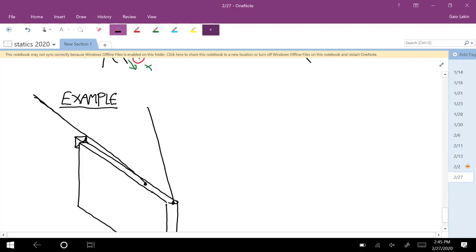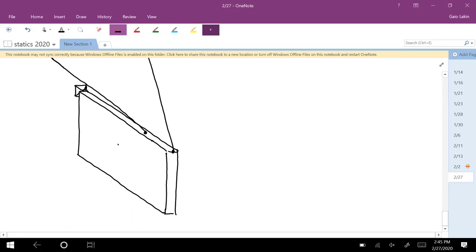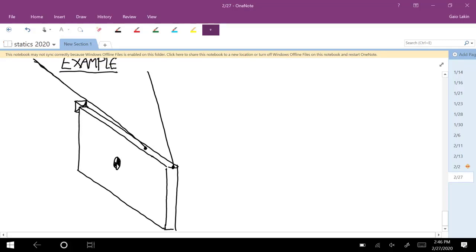Okay, so let's start doing some dimensions. Here's the center of mass, the center of this sign. So what do we know about dimensions?